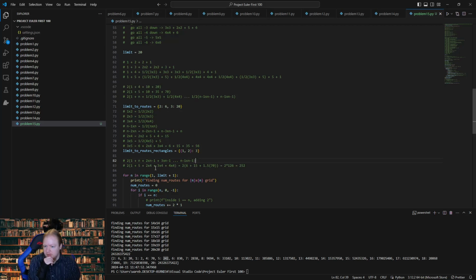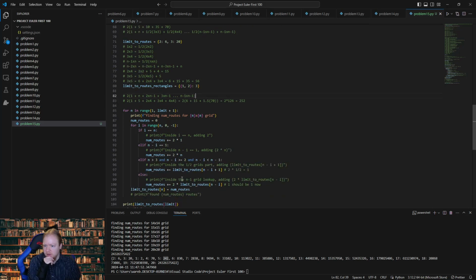Okay, but I think we're pretty close here. The hard part about this is to find the number of routes for any grid size. You need to know the number of routes for all grid sizes that are smaller. That's not easy to calculate, as we've seen.